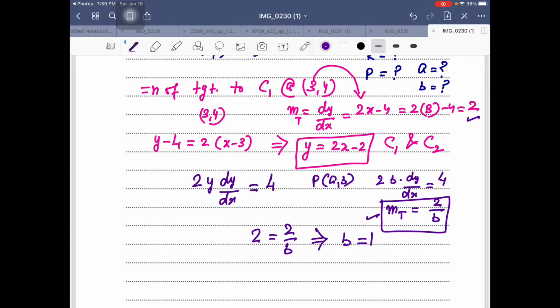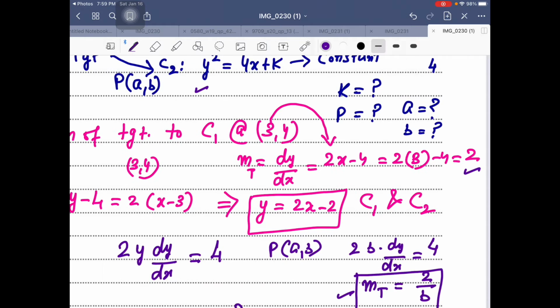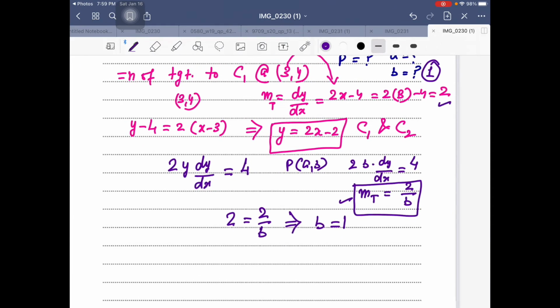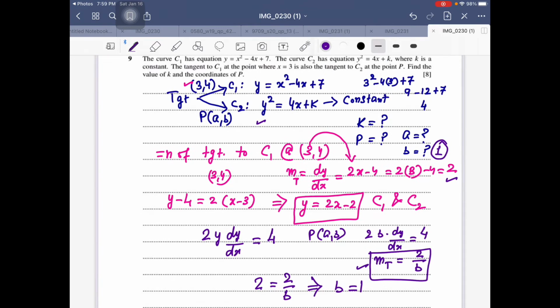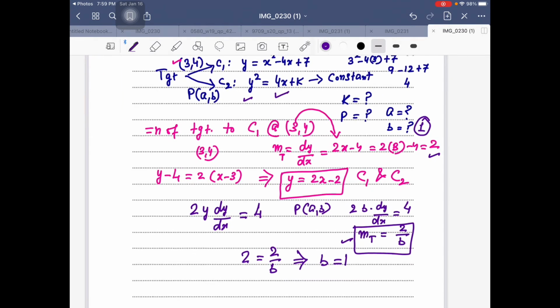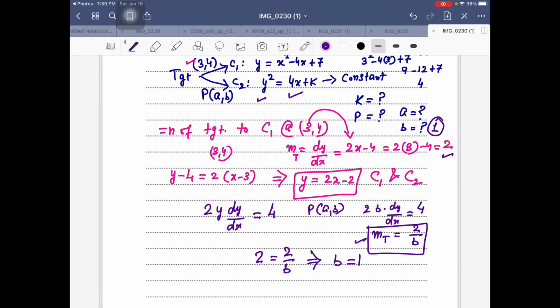So at the point P, I got the y coordinate as 1. When I put the y coordinate into the equation of curve C2, I can get the x coordinate in terms of k.